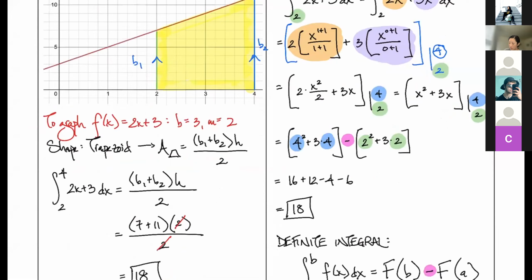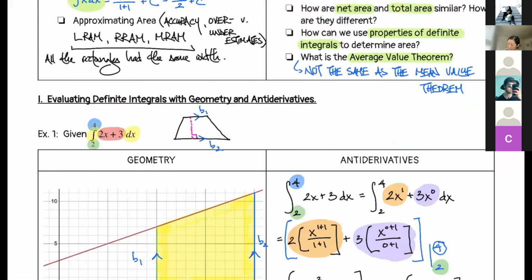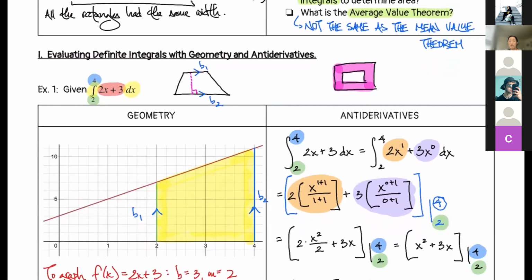This is similar to if you have a rectangle and you want to find the area between the two rectangles, you would find the area of the big one and subtract the area of the small one. It's kind of like that idea here, Eric. But we'll talk a little bit more about why it's a minus, okay?